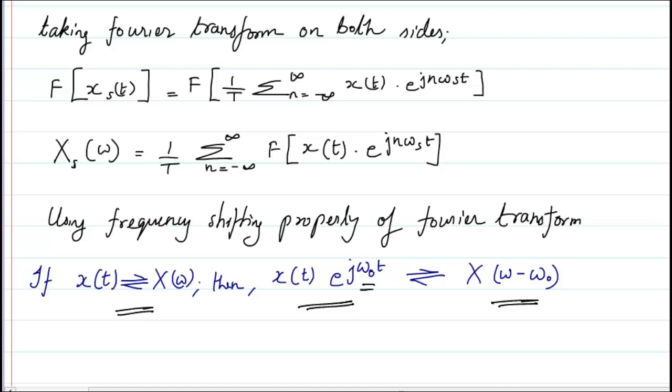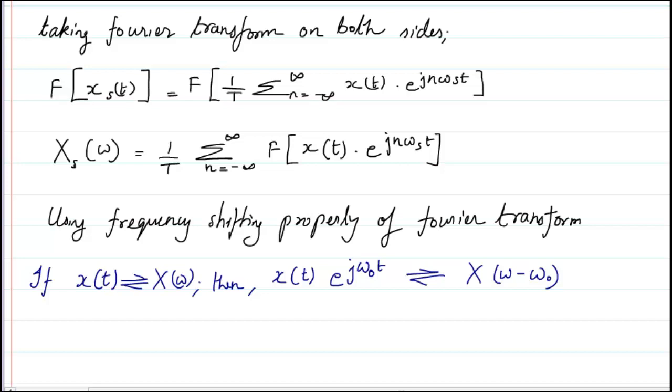That is the frequency shifting property. So if you apply that same property in this above equation, here you can see that x of t is basically multiplied with e raised to power j n omega s t. So this n omega s is going to be omega naught when we consider this whole equation.